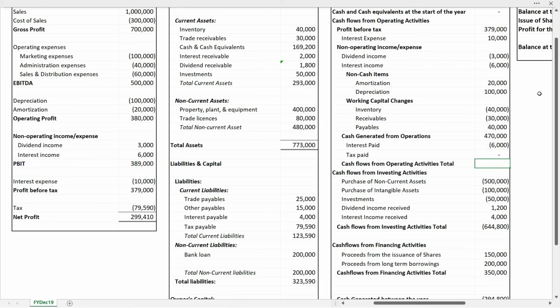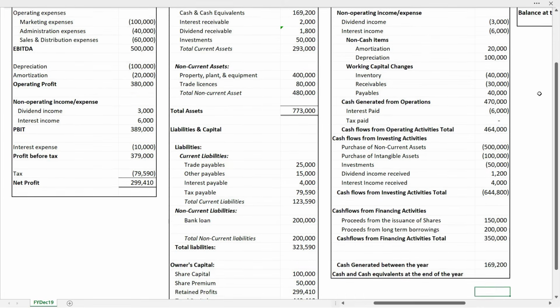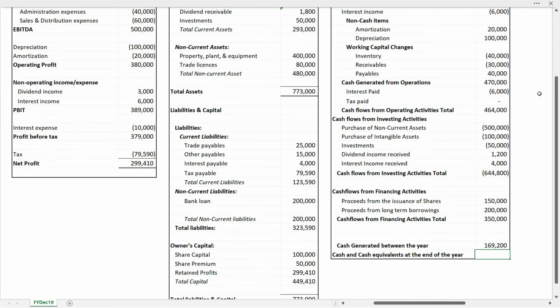And then we have to reach cash flows from operating activities total, which is sum of this plus this plus this, and that becomes 464,000, and my cash generated between the year becomes 169,200.